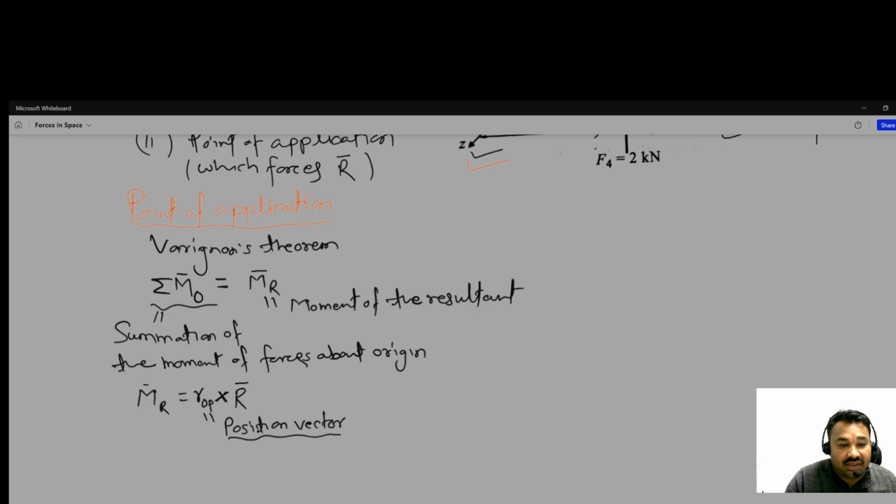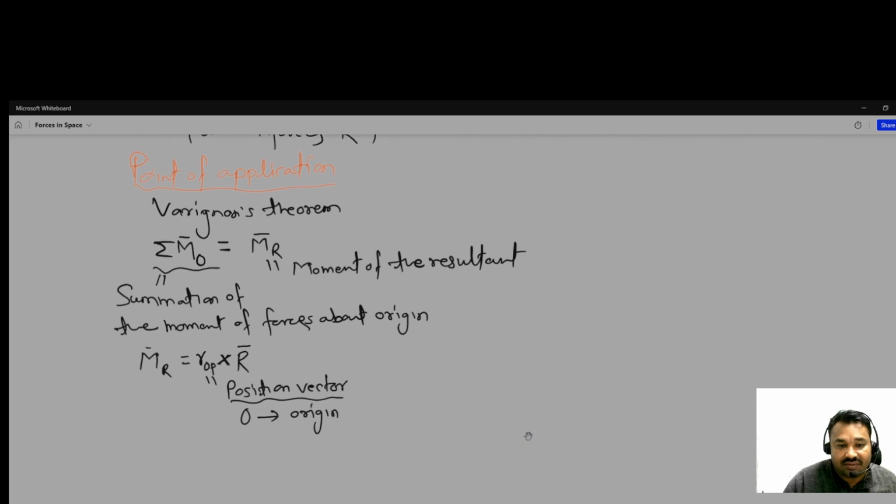Here P is there, and what about the coordinates of O? This is the origin, coordinates 0 0 0.